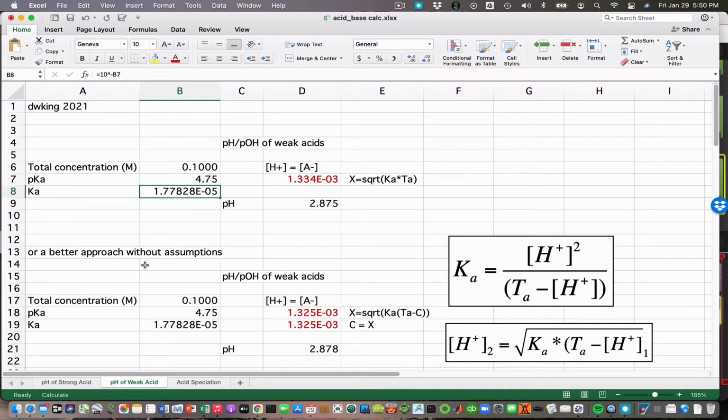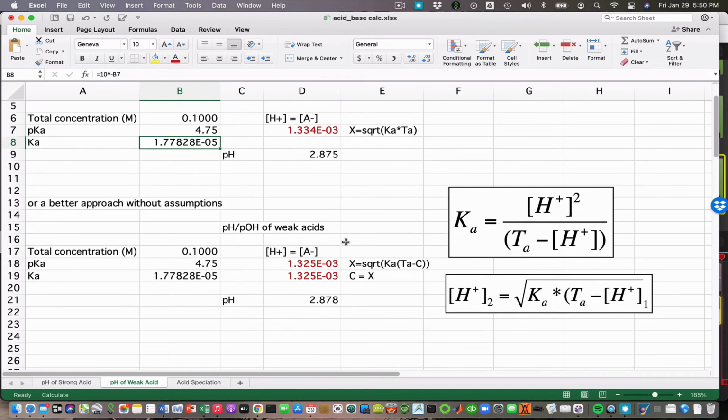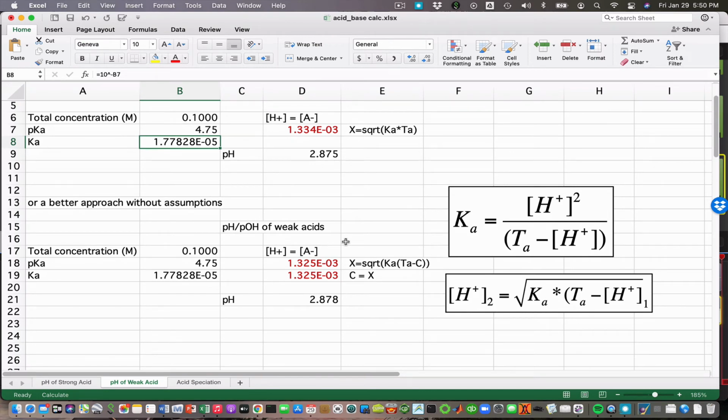Also, in the theory section, we talked about the fact that if the proton concentration is close to the total acid concentration, the approximation that we used in cell D7 is no longer valid. One approach is to do iteration to correct for this error.